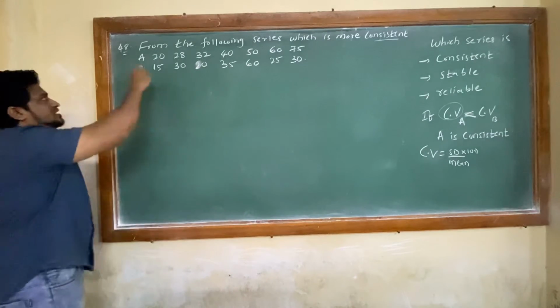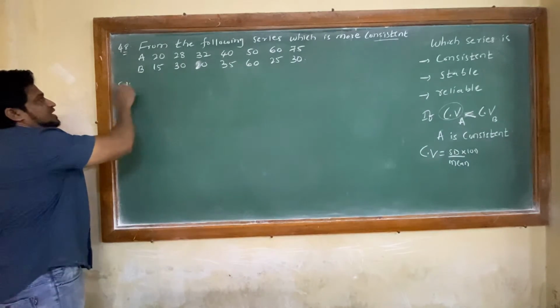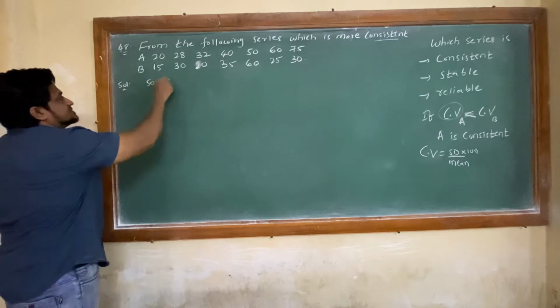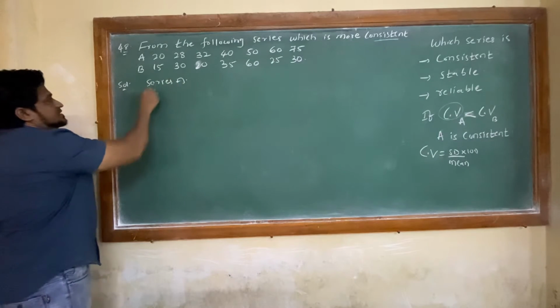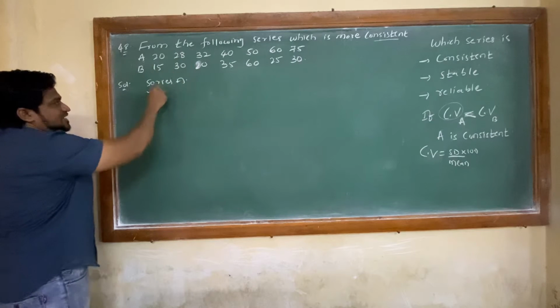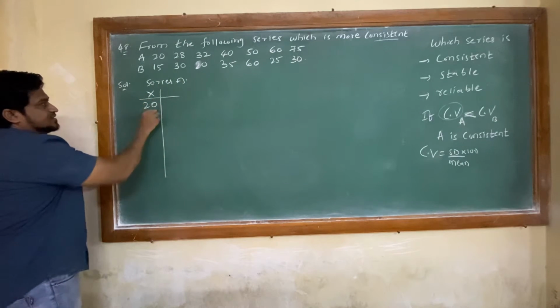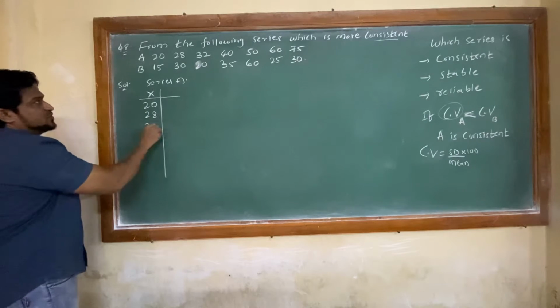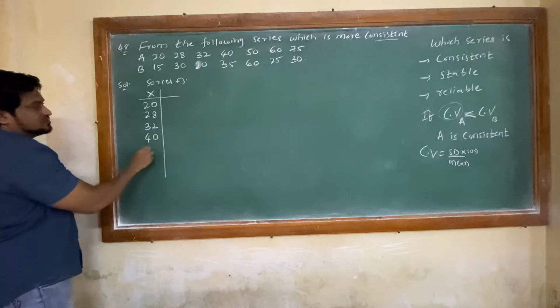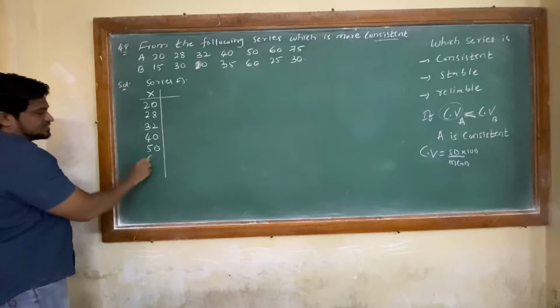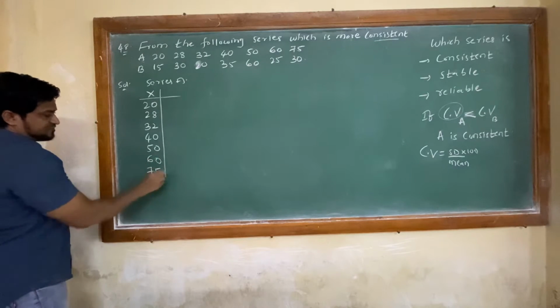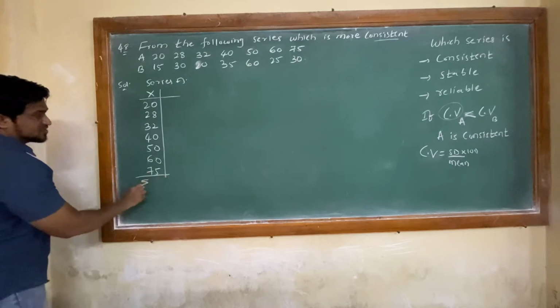Now for series A, consider the series A values as x. So values of x are 20, 28, 32, 40, 50, 60 and 75. Summation x, one of you add and tell me the value.